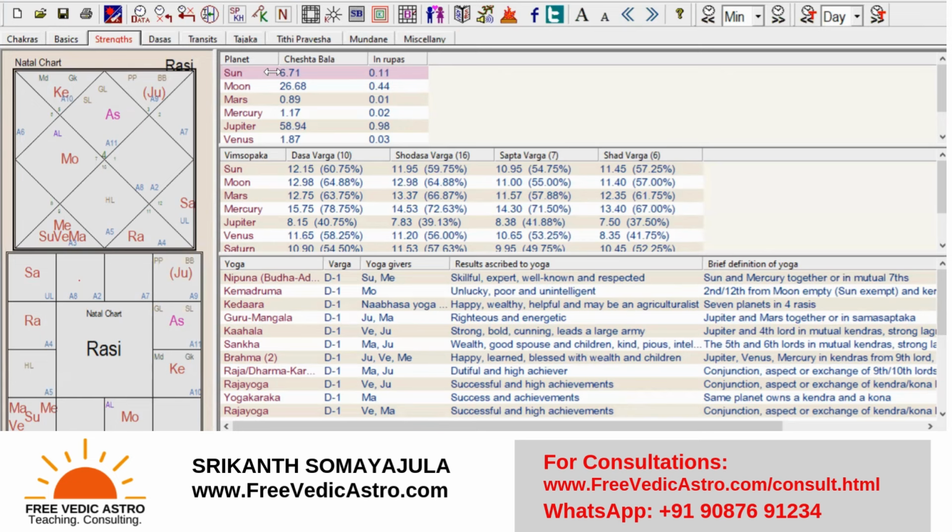I have seen people with Jupiter at 27 degrees and Sun at 26 degrees. I know two people, same Rashi, everything is the same, born on the same day. The Lagnas are different, that's all.